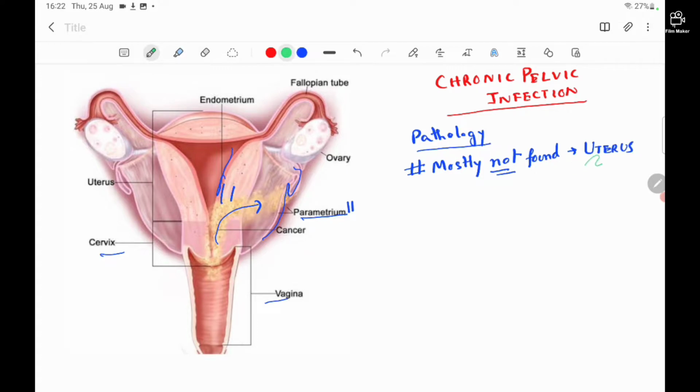Why is it not found? Because of endometrial shedding, or menses.